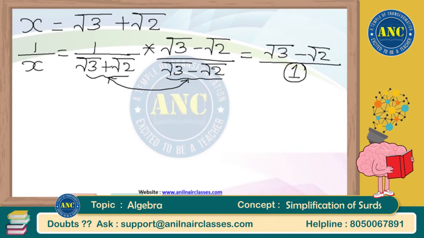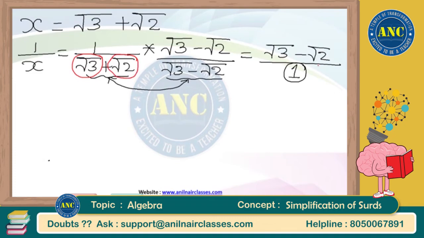Now instead of doing all these things and wasting our time, it is very simple, sir. A very simple remembrance will make your problem solving so much simpler. Now see here, instead of doing all these things, can I say that the first value in the denominator is a square root of something, that is a third, and the second value in the denominator is also a square root of something, that is another third.